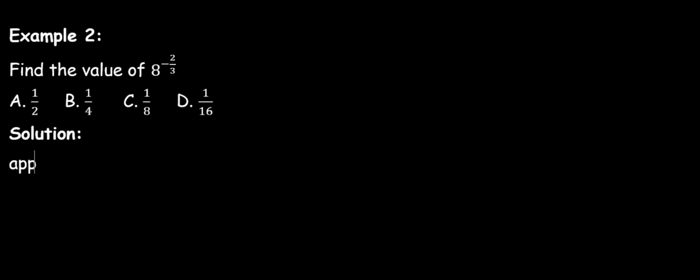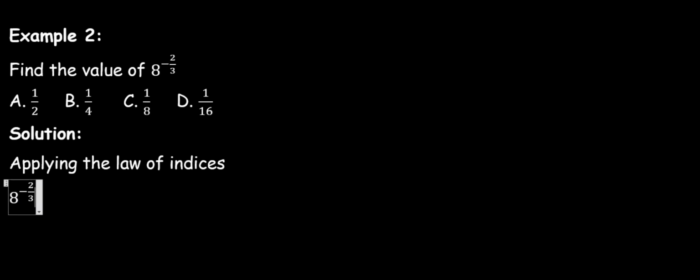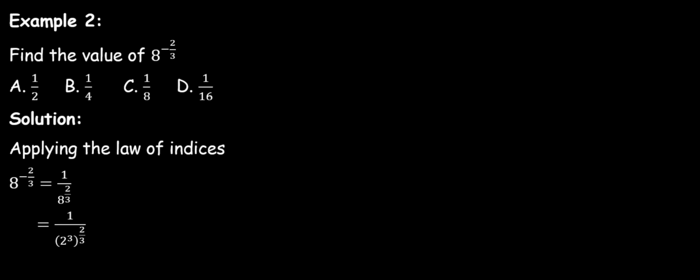Applying the laws of indices, 8 raised to power minus 2/3 will be equal to 1 over 8 raised to power 2/3. And that is equal to 1 over, we now open a bracket for the 8, because we are seeking to express 8 in terms of powers that will cancel out the denominator of the power it was expressed.